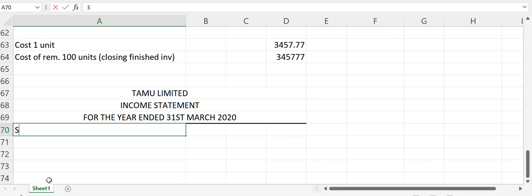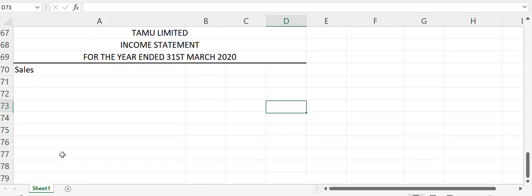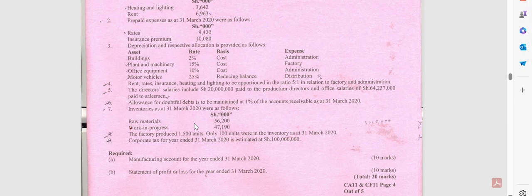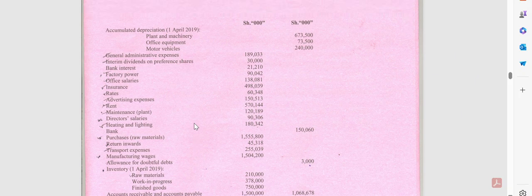So we start with sales. So for income statement sales, let us check the trial balance, the figure for sales. So where is sales here? Sales.